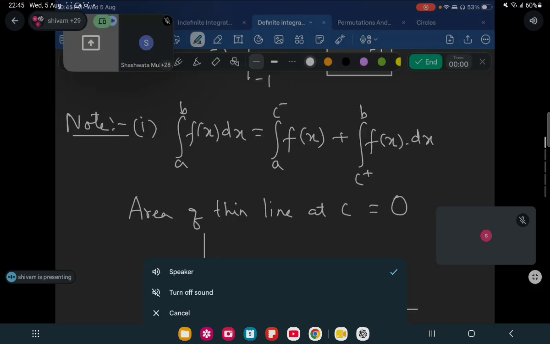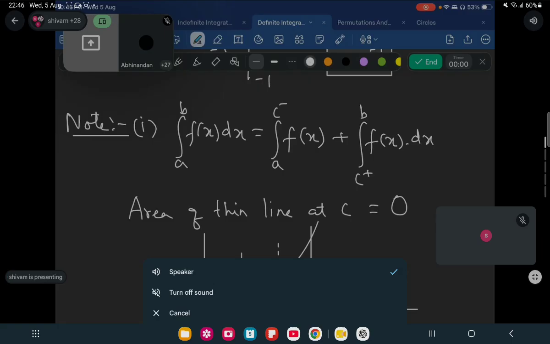Are you people getting what we have to do in case of a discontinuous function? Anyone having any doubt, you can ask me. Abhinandan, are you getting? This is c, this is a, this is b.